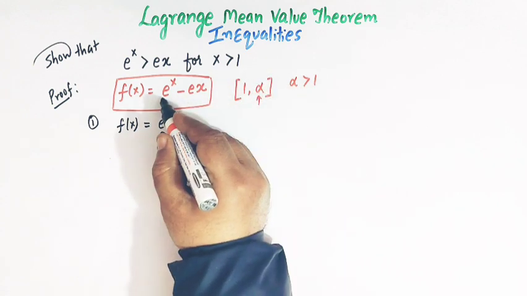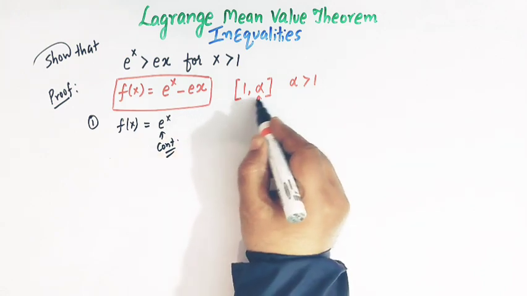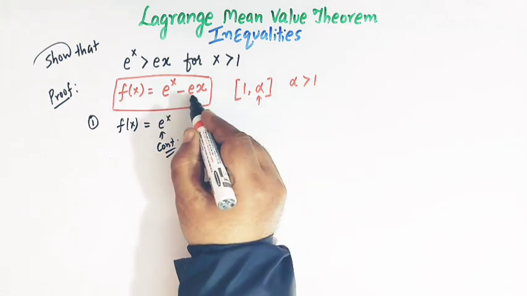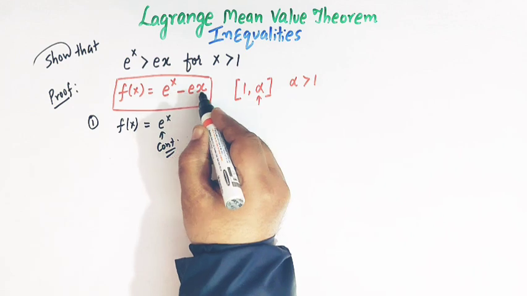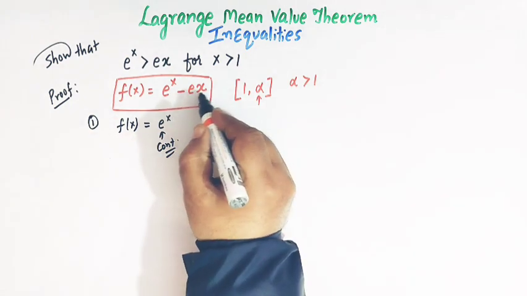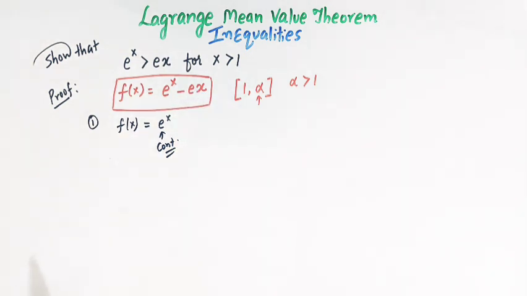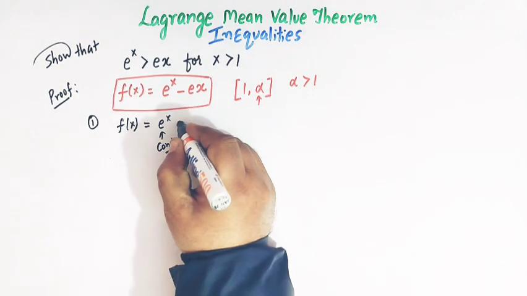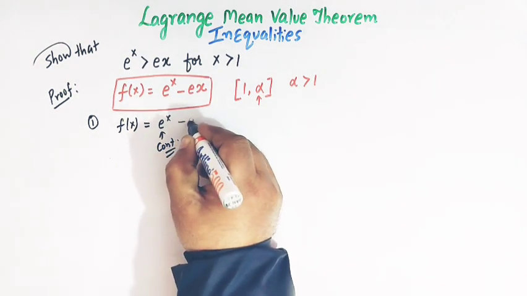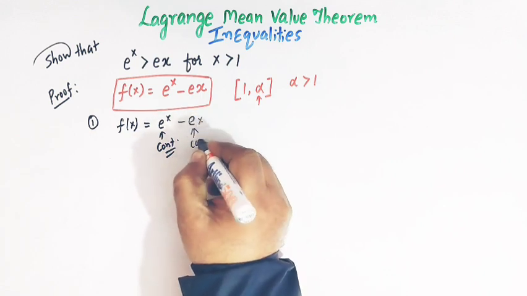So obviously this function e raised to x is continuous in this interval, right? And e times x, e is a constant and x is a polynomial, right? So e times x is also a continuous function. So ex being a polynomial function, this is also continuous.